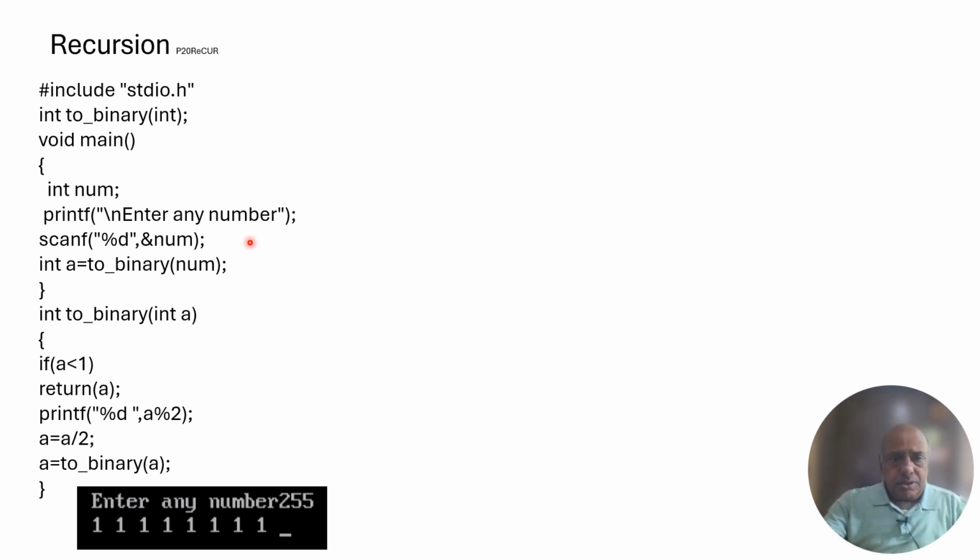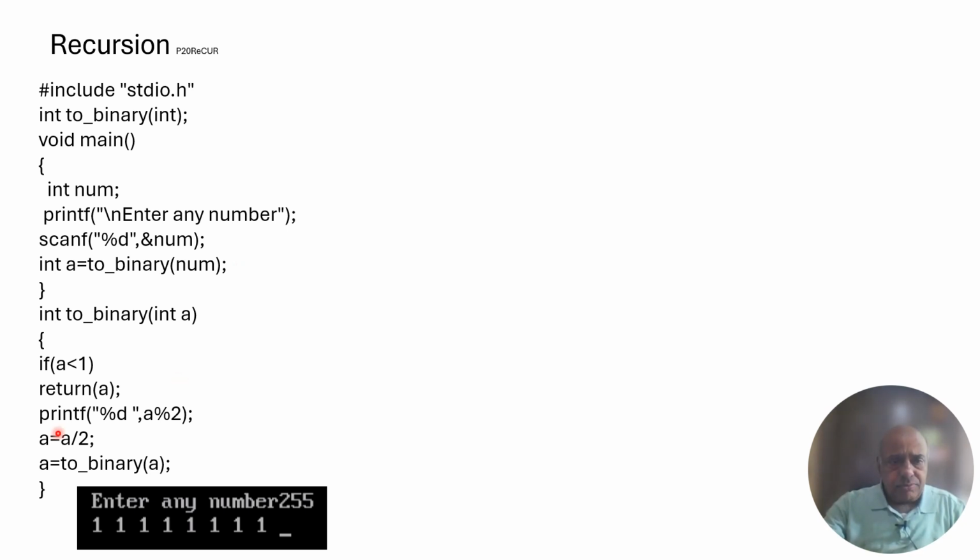Whatever number is entered by the user is assigned to variable num, and with this num we call the function, where we collect the return value of the function into another variable belonging to main, int a. So what are we doing in this call? int a is equal to 2_binary(num). This is a normal call.